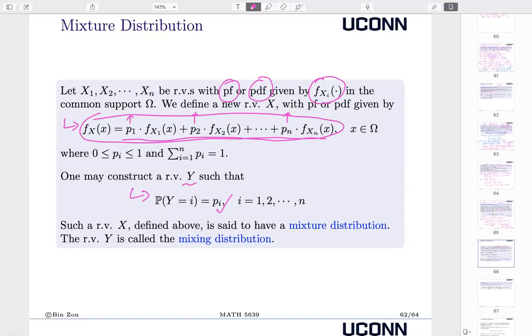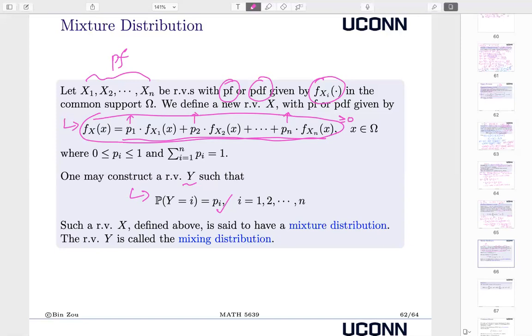For instance, let's just assume all of them are discrete, so they are probability functions. They are always between 0 and 1, and adding up will be 1. First of all, it's not difficult to see that it's greater than 0, right? Because each component is bigger than 0, and the weight is greater than 0.